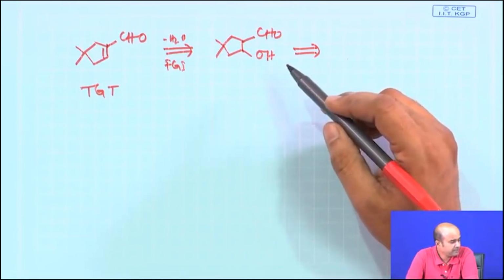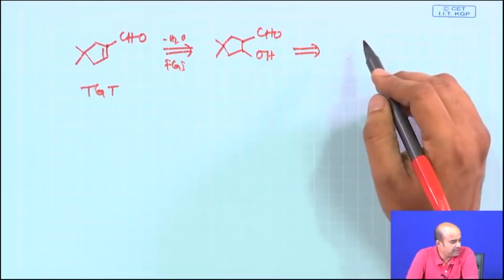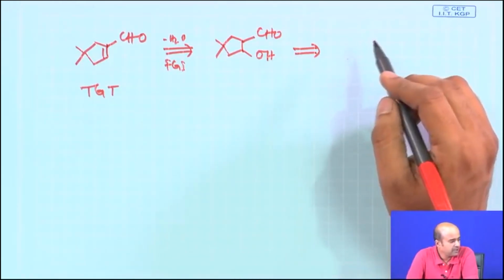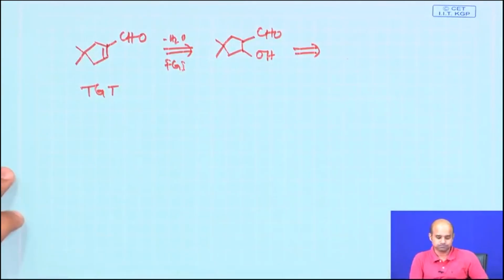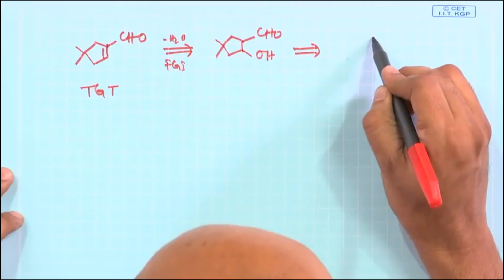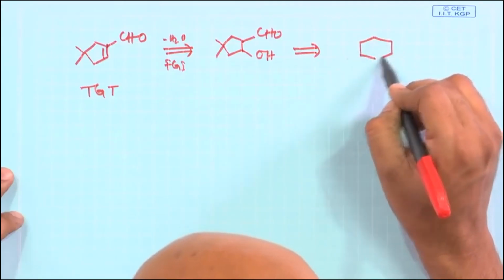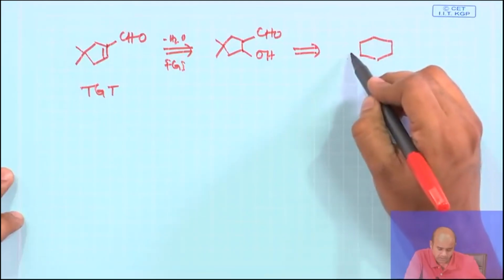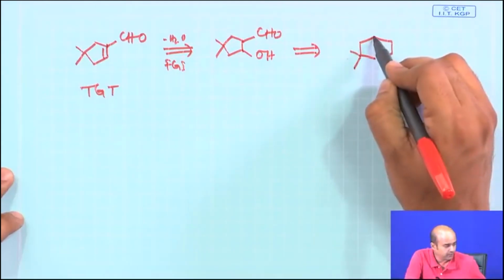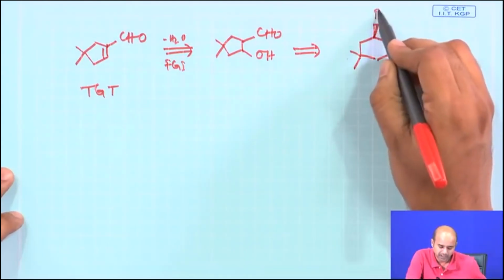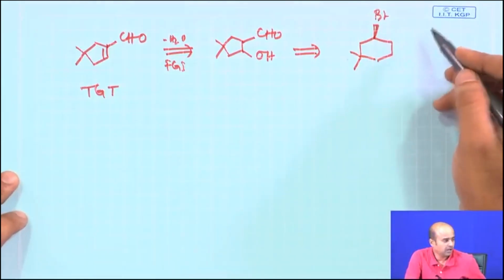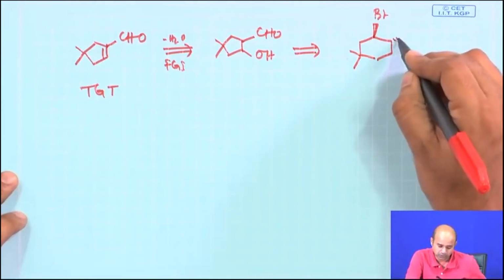And eventually this hydroxyaldehyde, probably you have to prepare in a different way, but the transformation which I am now going to talk to you about is a very unique transformation, and I am sure it is not known to many of you.